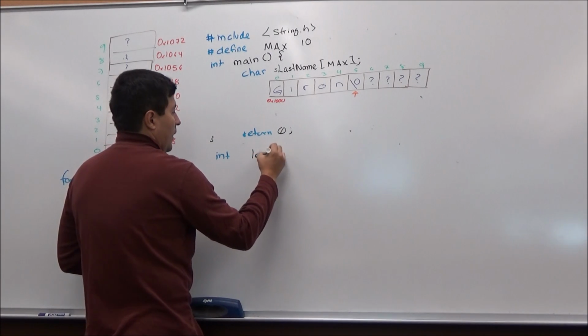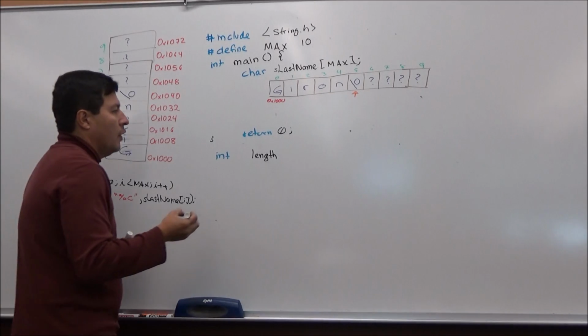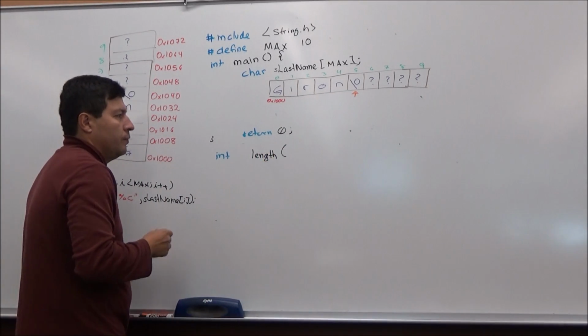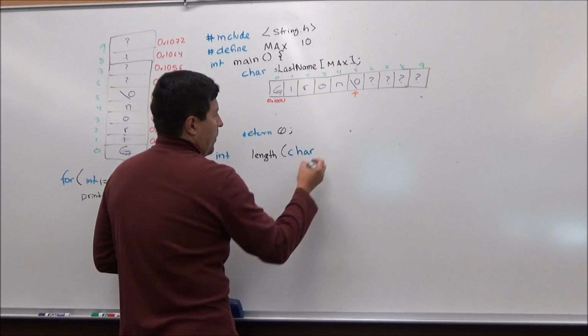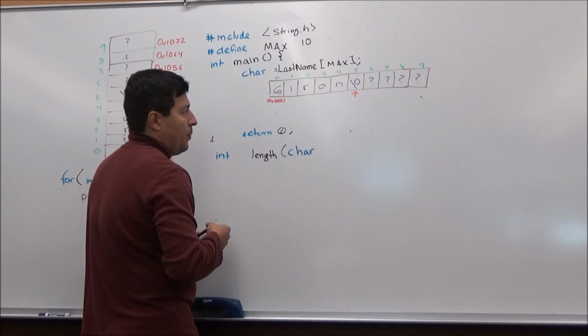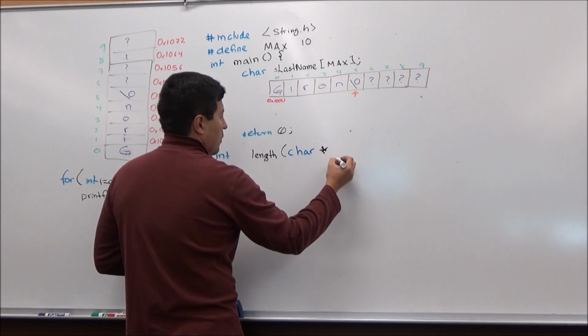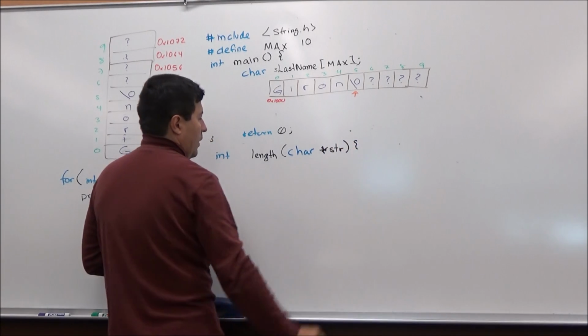So I can call it length, right? Just a name. And this length takes an array of characters. So I can pass an array of characters, or I can pass a pointer. It's the same thing. I'm going to abbreviate it as string like that.